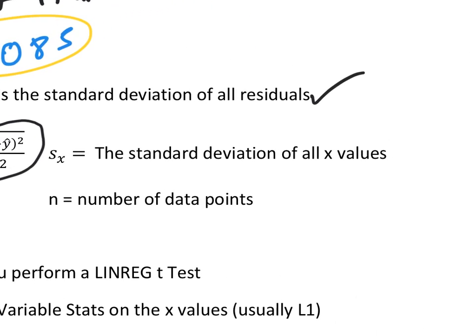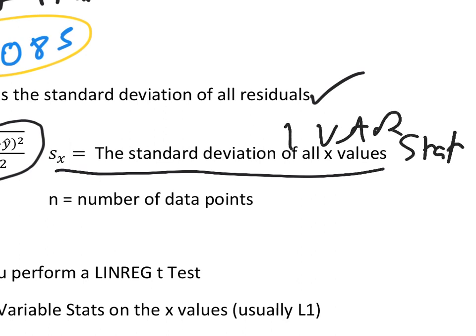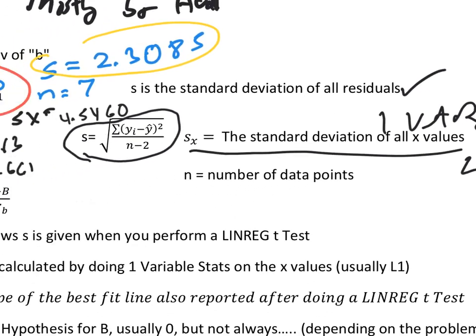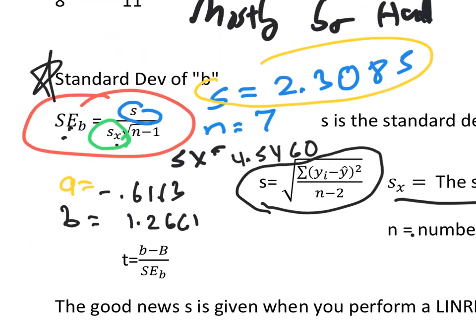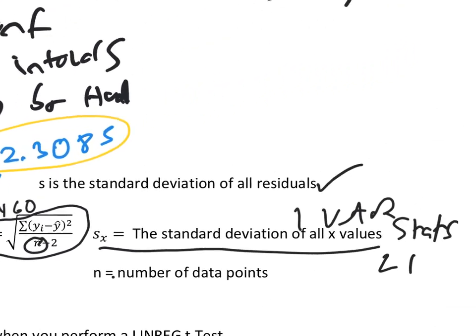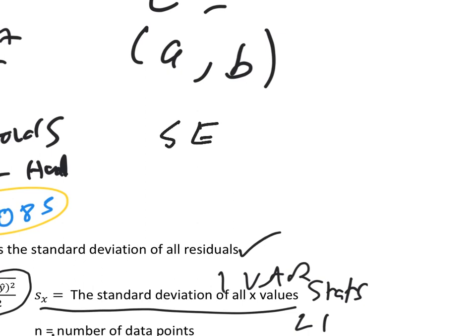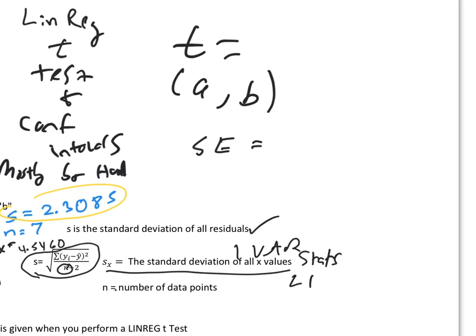S of x came from one variable statistics of list 1. N is the number of data points. So let's calculate SE together. What was S according to the calculator? 2.3085.